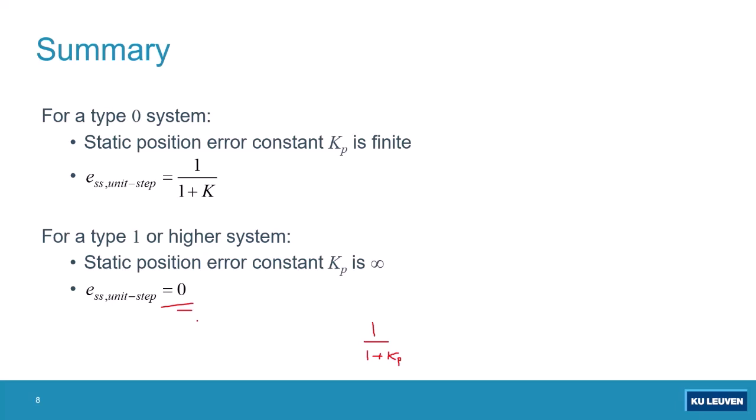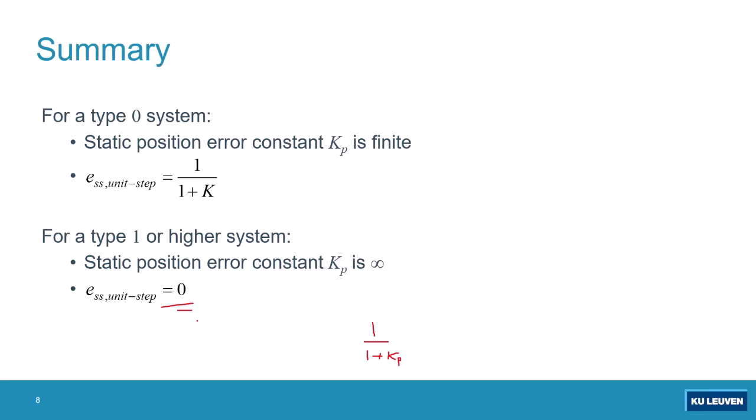That means for a type 0 system, if we give a unit step input, we will always have a steady state error at the end when the steady state condition is reached. While for a type 1 or higher system, the steady state error, if a unit step input is given to the system, will always be 0.